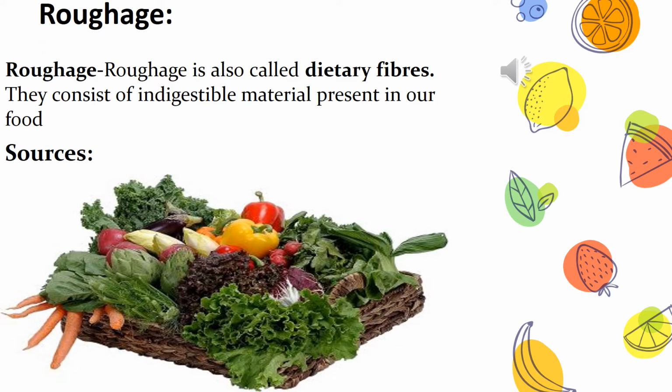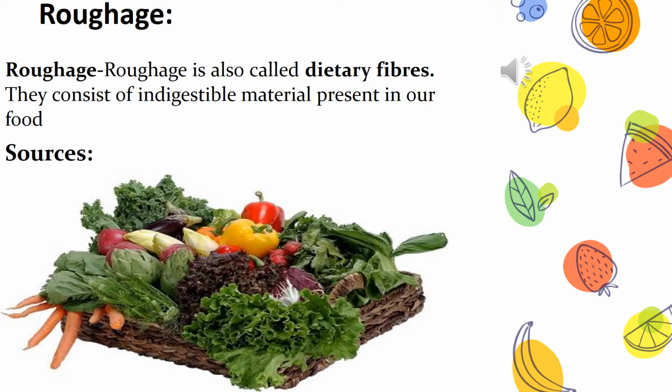In the beginning, if you remember, I told you that apart from these 5 main components of food, we do require roughage and water for our body, right? So we are going to now talk about roughage and water, and how they are important for our body.